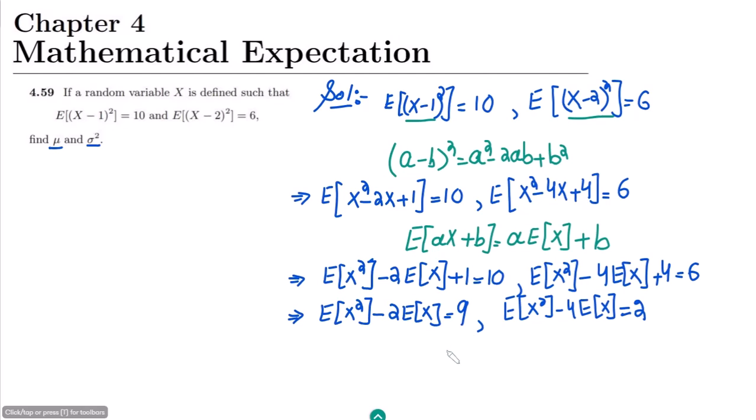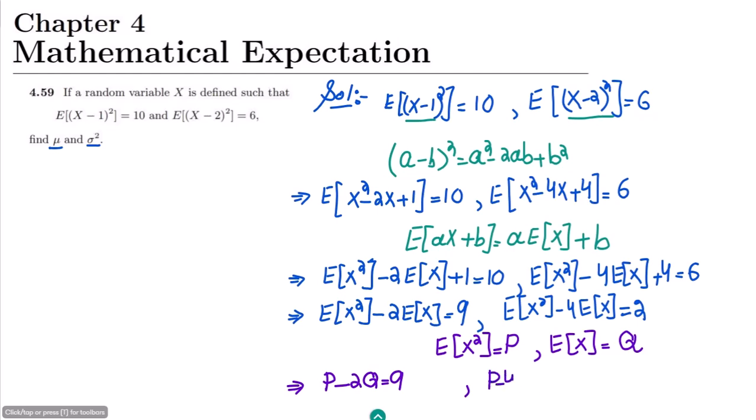Let me call E[X^2] equal to p, and let me take E[X] equal to q. Putting them here, it would become p minus 2q equal to 9 and p minus 4q equal to 2.